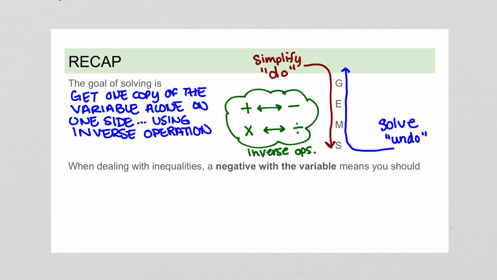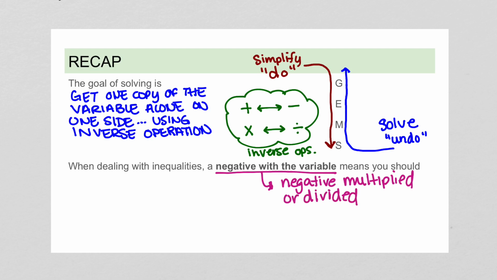Now, it is very important for us to remember that when you're dealing with inequalities, if you have a negative with the variable, and by with the variable, I mean a negative that is multiplied or divided.